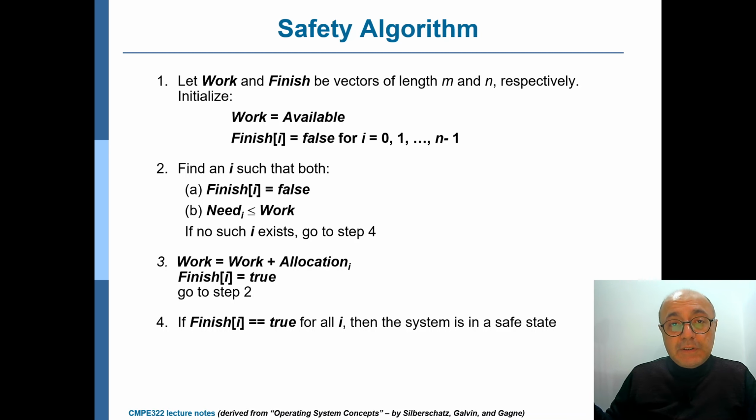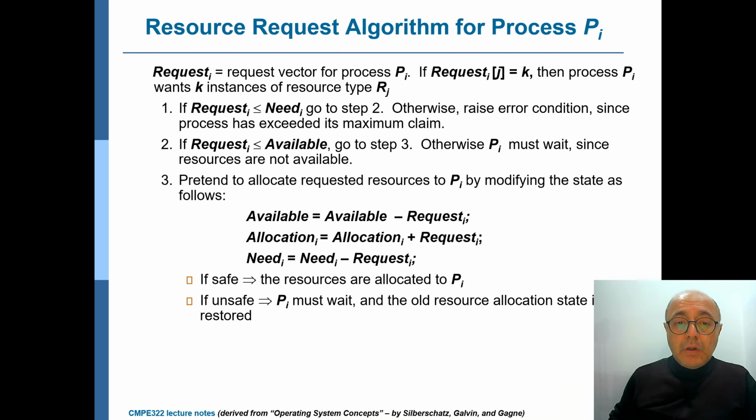Doesn't matter. The important thing is there is a solution that's sufficient for us. If so, this is a safe state. If not, if we cannot find such a sequence, then accepting this request would take us to an unsafe state. Okay? So the resource request algorithm is based on that.